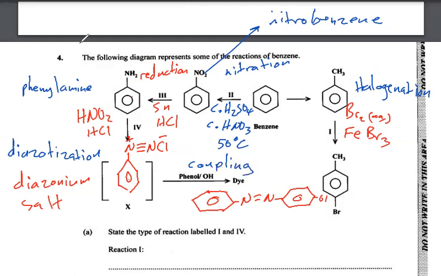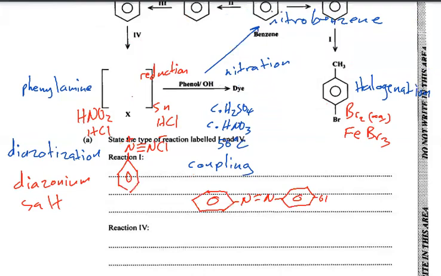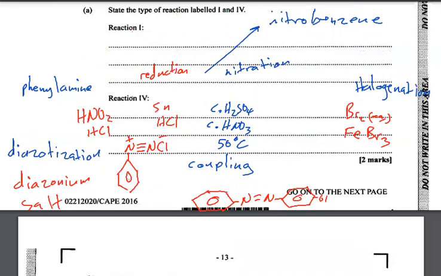So we have nitration of benzene, reduction of nitrobenzene, diazotization of phenylamine to give the diazonium salt, and then coupling with phenol to give the other compound. So reactions 1 and 4 are halogenation and diazotization.